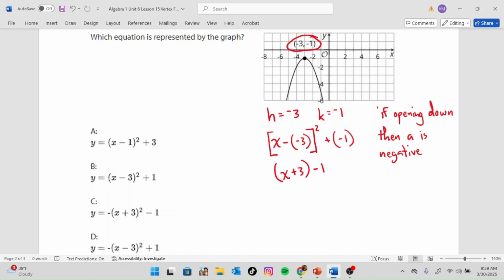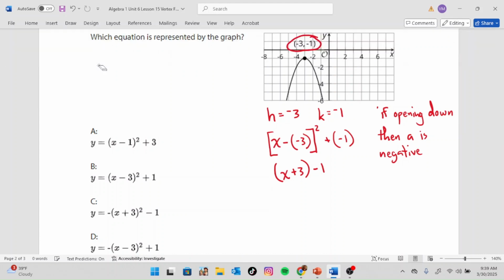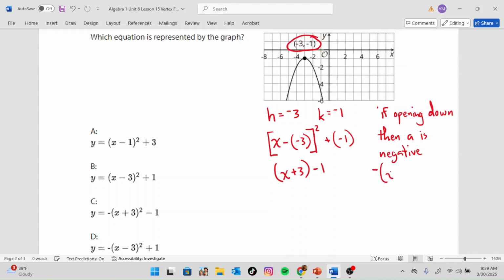So we need to put a negative out here where a would go. So I'm just going to rewrite that as negative x plus 3 squared minus 1. And if we look at our choices over here, C is the only one that gets this correct.